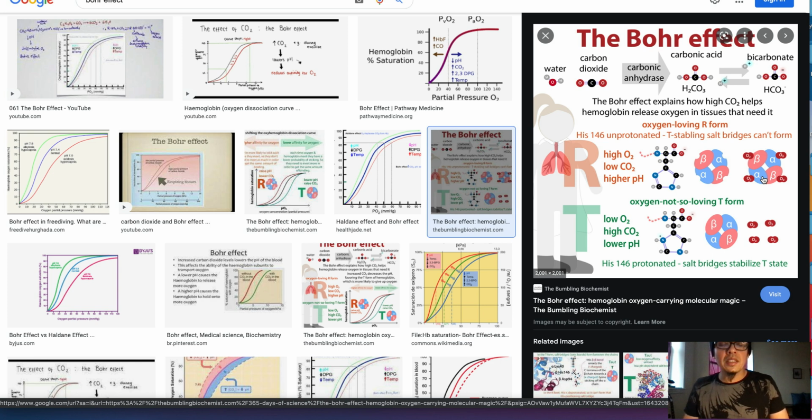The presence of carbon dioxide can actually bind to one of the terminal amino acids to cause the stabilization of the hemoglobin molecule complex, and H plus can actually bind to amino acids to create what's called a salt bridge between two amino acids.